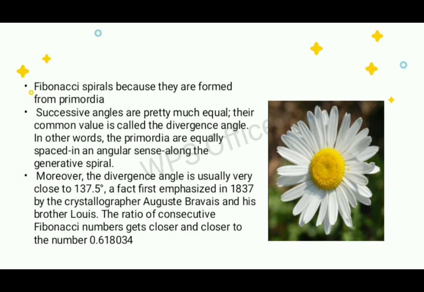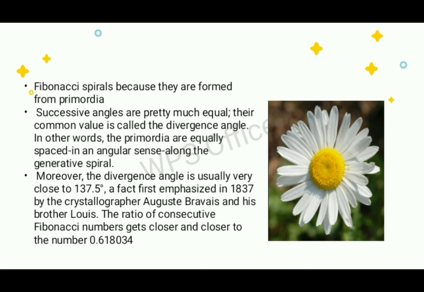The ratio of consecutive Fibonacci numbers gets closer and closer to the number 0.618034. For instance, 34 over 55 is equal to 0.6182, which is already quite close. The human eye picks out two families of interpenetrating spirals, one winding clockwise and the other counterclockwise, and because of the relation between Fibonacci numbers and the golden number, the numbers of spirals in the two families are consecutive Fibonacci numbers.